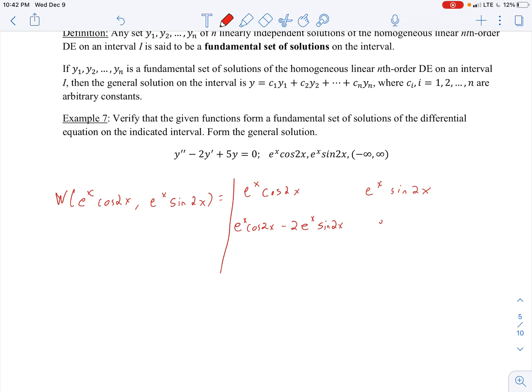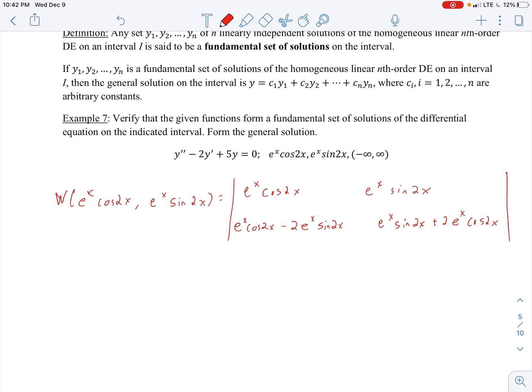And then on the right, derivative of e to the x is e to the x sine 2x. Derivative of sine 2x is going to be 2 cosine, plus, that's positive, plus 2 e to the x cosine 2x.